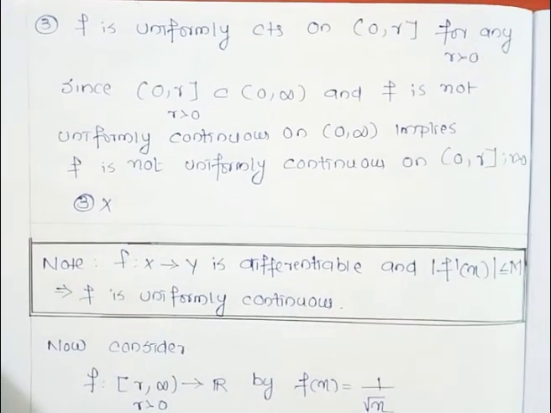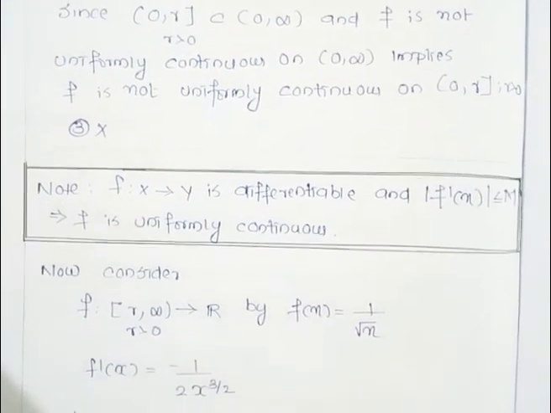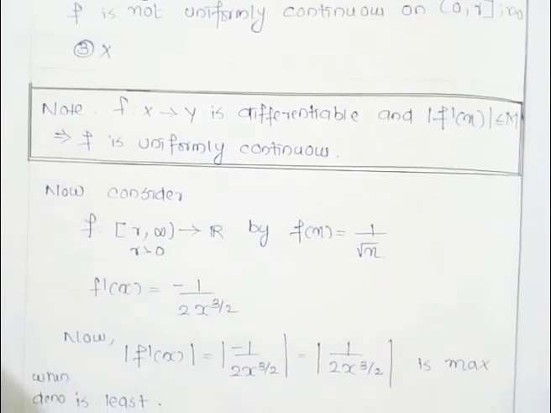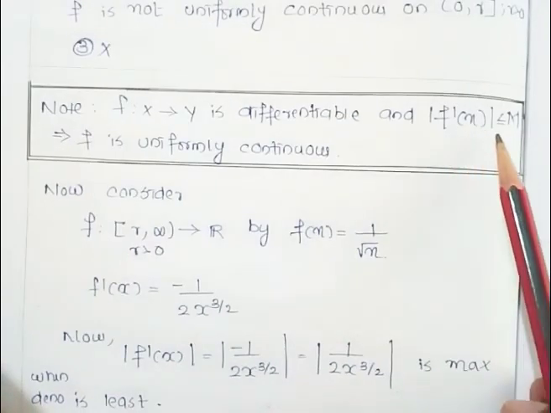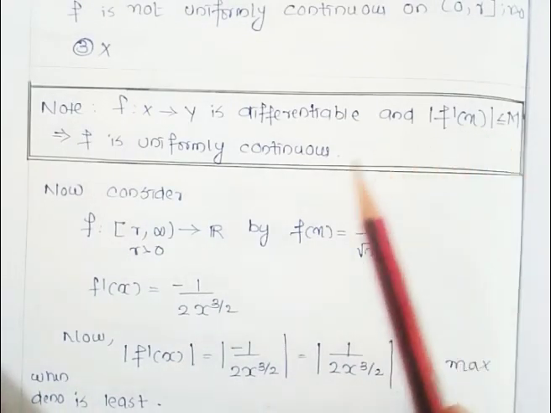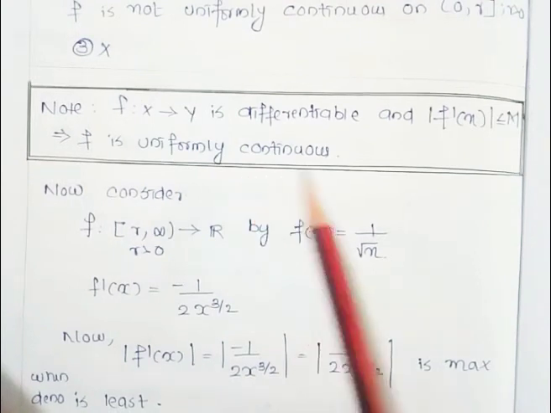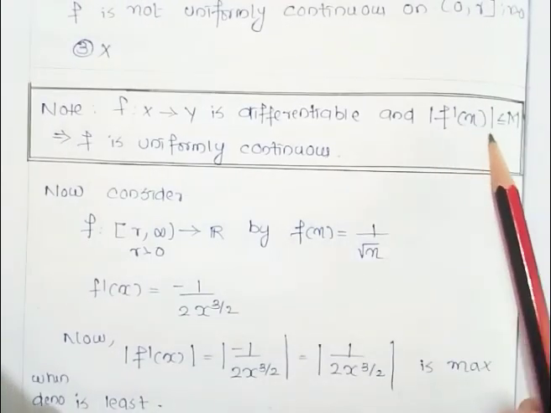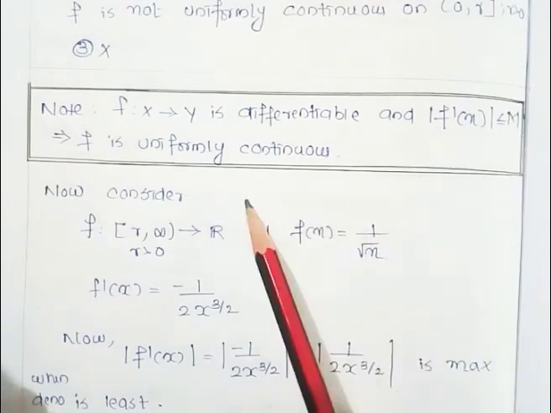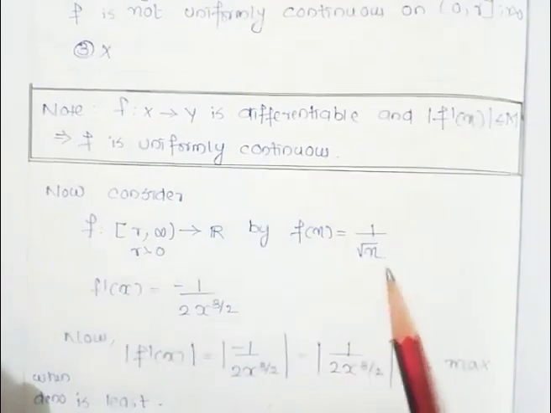Now before going through the second and fourth options, we want a result which says that if f from X to Y is differentiable and modulus of f dash of x is less than or equal to M, then f is uniformly continuous. That is, if f is differentiable and f dash of x is bounded, then f is uniformly continuous.